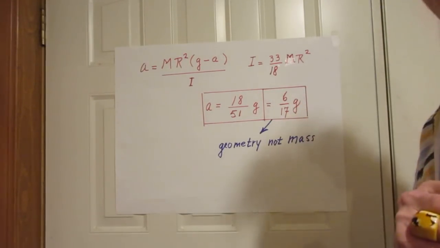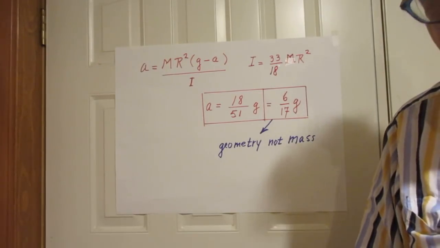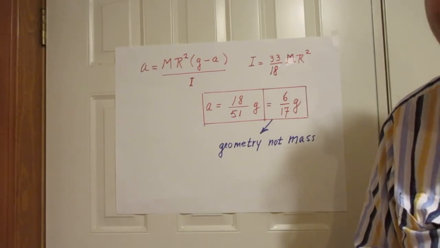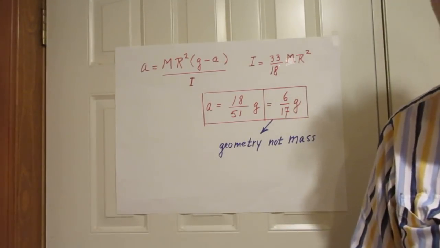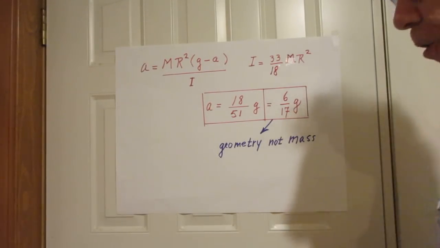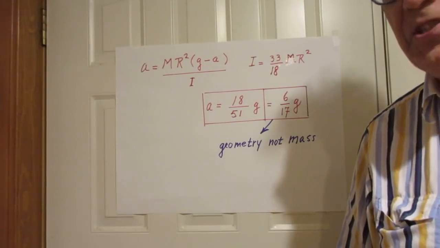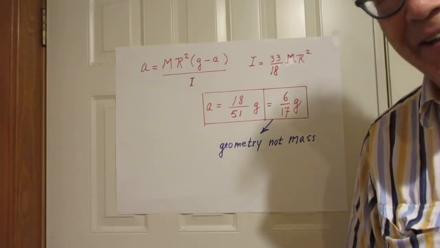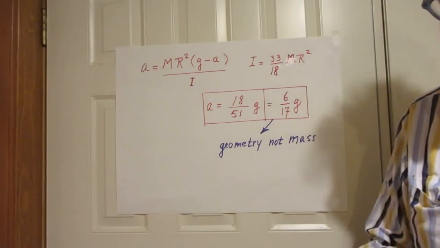The nice thing about this 6/17 g is that it's not something you can easily look up on the web. It's also not something that you can guess. So almost anyone who answered me that it was 6/17 g, I knew they had done it correctly. Okay, we'll leave it with this simple yo-yo.